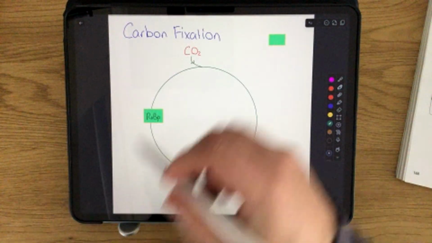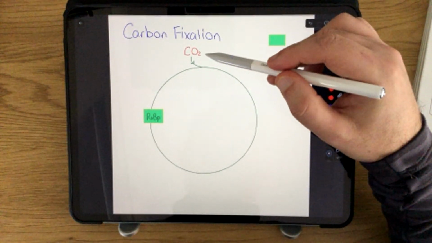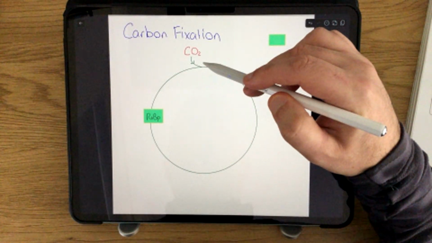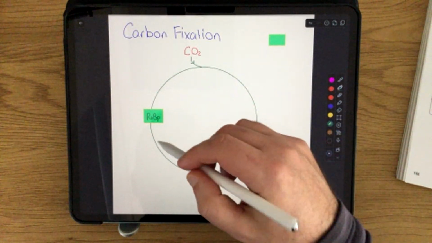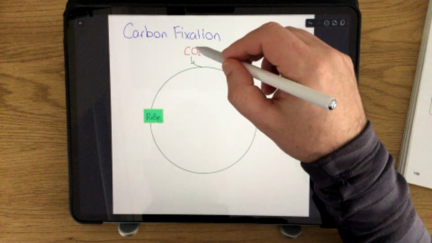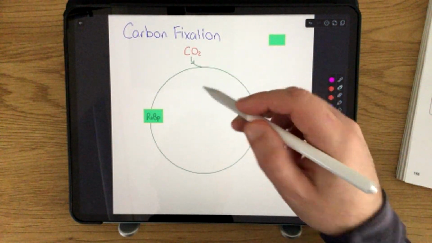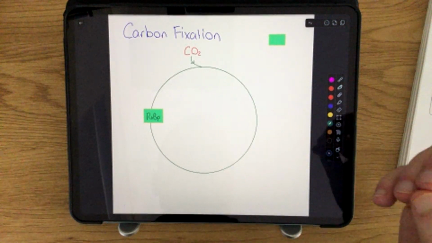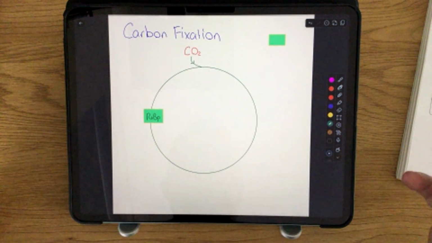The carbon dioxide is going to join RuBP, but because we're adding CO2 to it, it's going to change into something different. Remember, enzymes speed up this process.